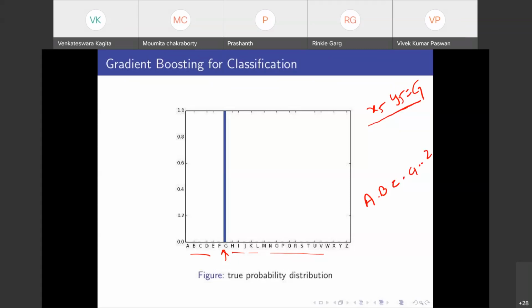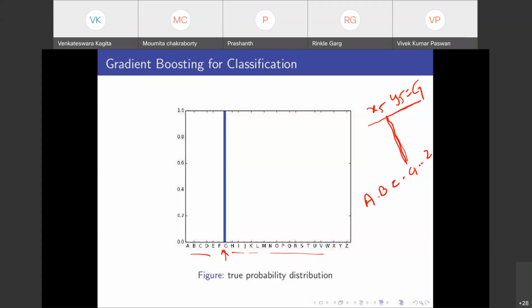The probability of G is 1. And we are very sure that it is not A, it is not B, it is not C, and so on, it is not Z. That is why for the rest of them the probability is 0. So this is the true probability distribution according to the given label.